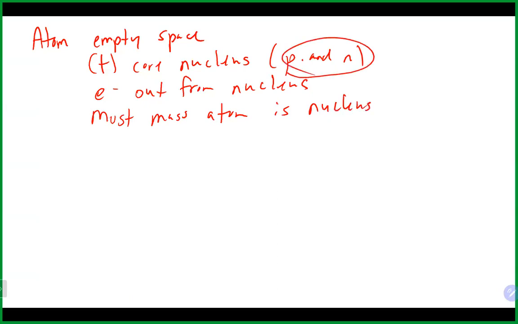As we saw, each of them is about 1,800 or so times heavier than any electron flying around. So that makes sense that most of the mass of the atom is made up of the nucleus. Remember as well that it's actually the neutron that is slightly heavier than the proton, so it is the heaviest of all three of those subatomic particles.